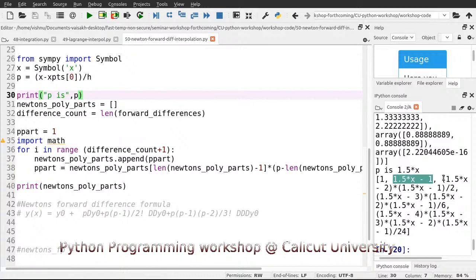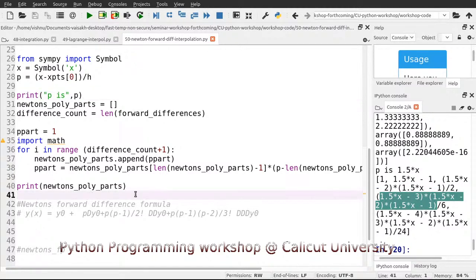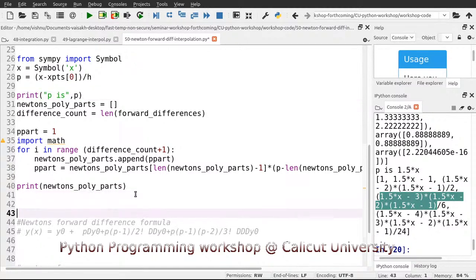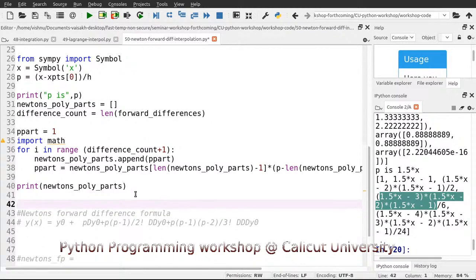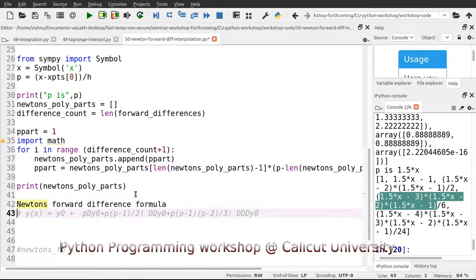Next is P minus 2, P minus 1 by 2. Okay, that's fine. P minus 3, P minus 2, P minus 1 by 6. Okay, seems to be somewhat okay. So the parts are there. Now the summation.